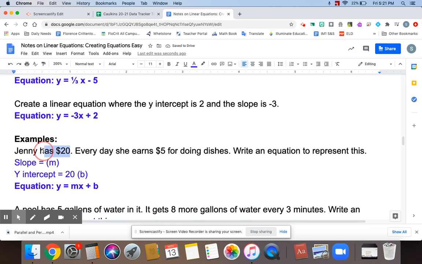Then her slope is that every one day, so one day is on the bottom of the fraction, and on top of the fraction, she gets $5 for doing that. And 5 divided by 1 is just 5, so her slope is 5. So in the equation, in the m, I put a 5, and in the b, I put a 20. And that's the equation for this situation.